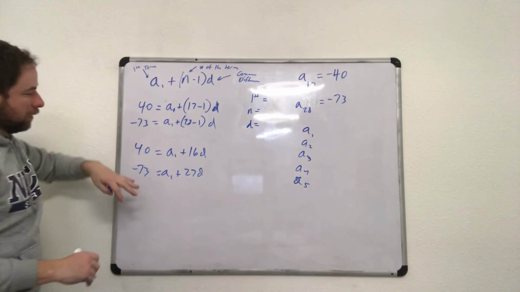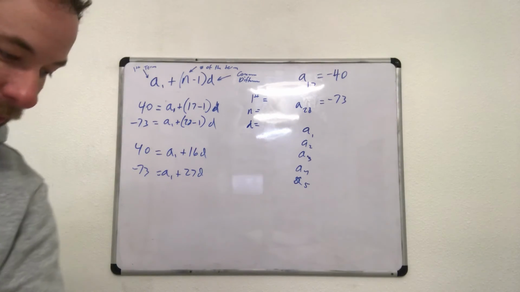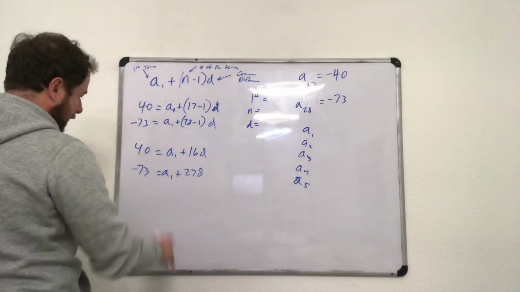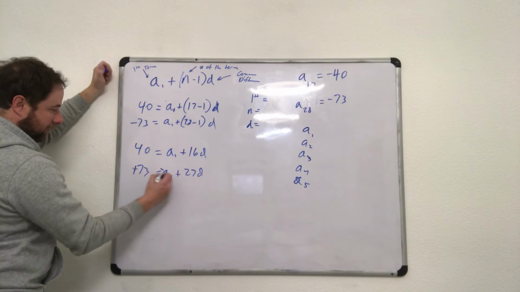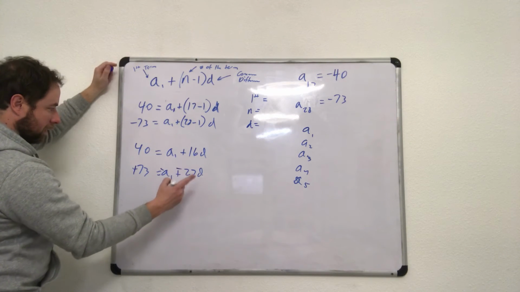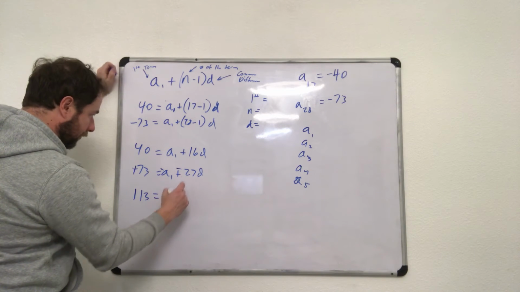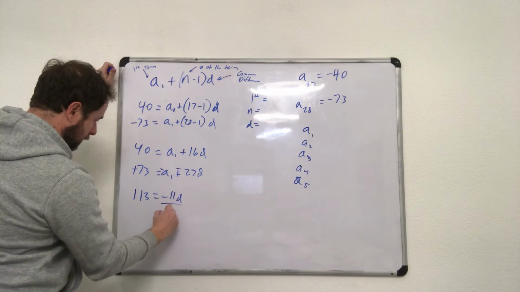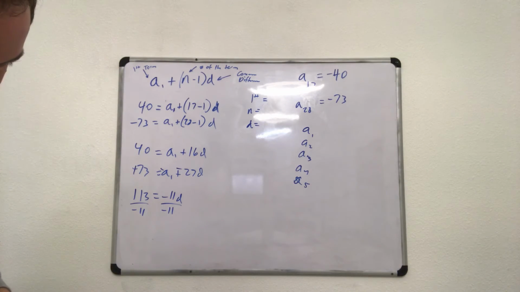And so all you would do is treat this like a substitution elimination problem. When we do that, we can go ahead and solve for D, because of course we would eliminate A1. Let's change all the signs: negative, positive, negative, negative. When you do that, you get 113 equals negative 11D.